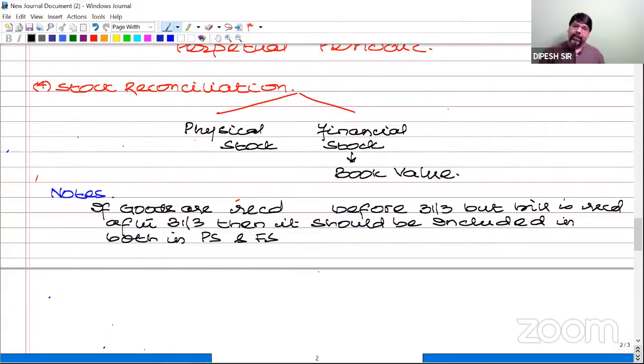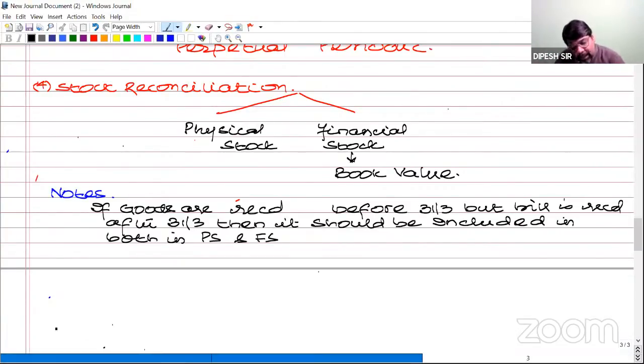If the goods are received, obviously it will come in my physical stock. But even if the bill is not received, still you will include it in financial stock. Why? Because this is as per Accounting Standard 4 and Accounting Standard 9. Let's not get into that much detail, but remember this. Am I clear? This is note 1.